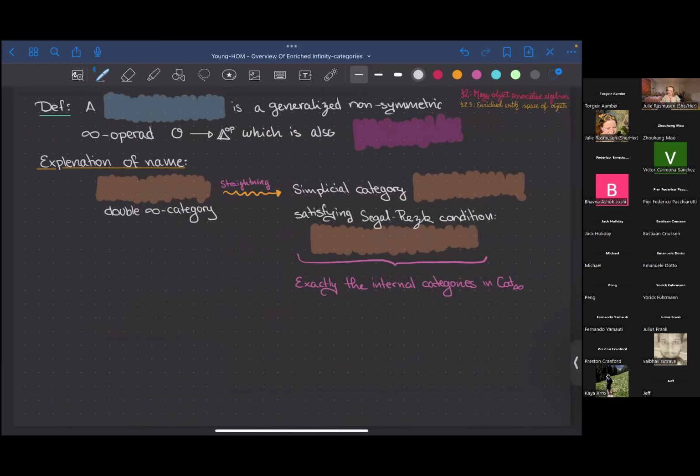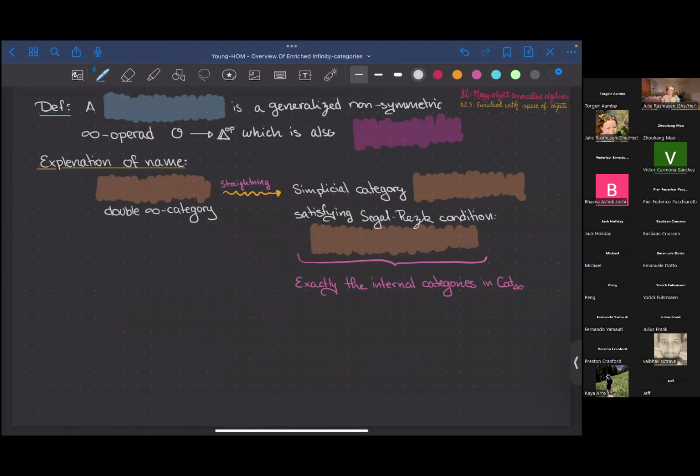I think I forgot to mention that when we are considering general non-symmetric infinity operads, if the operad is also co-Cartesian, we call it a monoidal category, just as we do in the symmetric case.